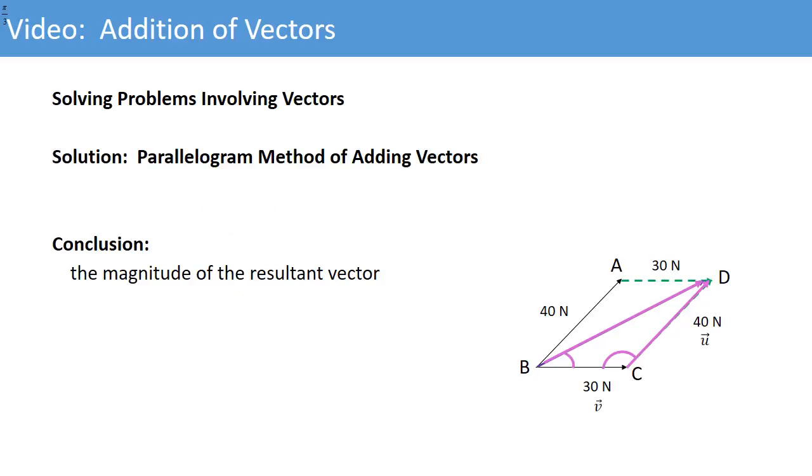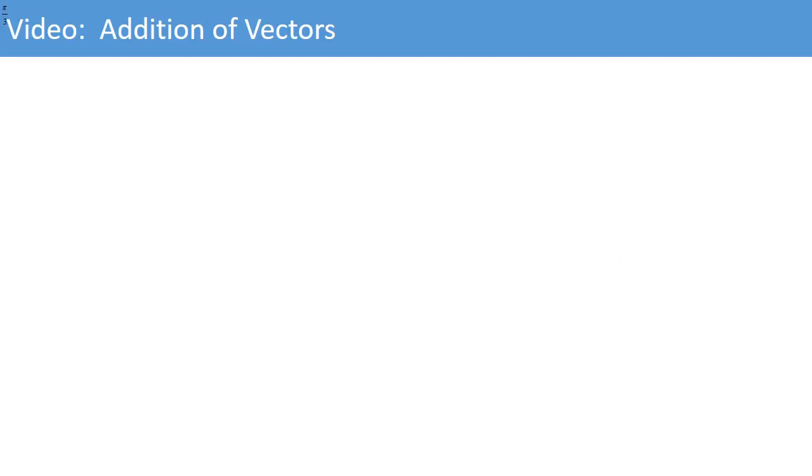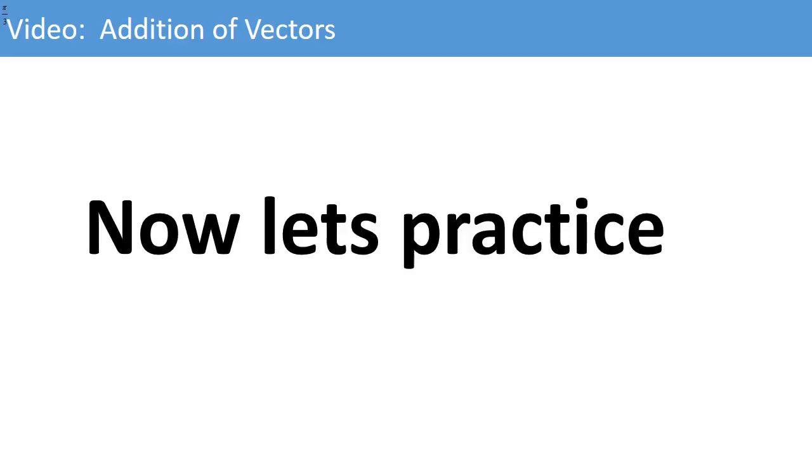So our conclusion: the magnitude of the resultant vector is 63.6 newtons. The direction of the vector is 28.8 degrees counterclockwise from the horizontal. And it's your turn.